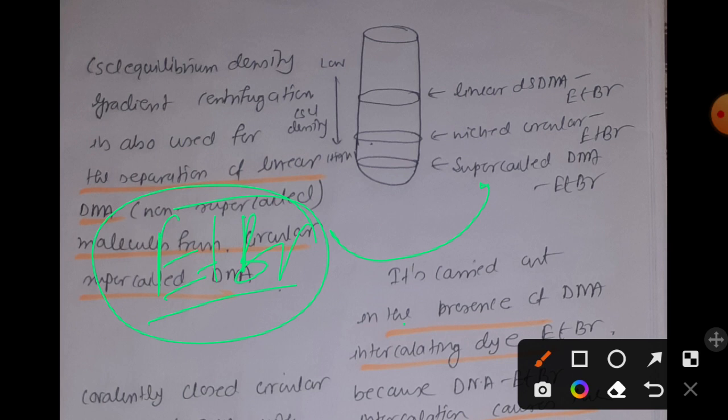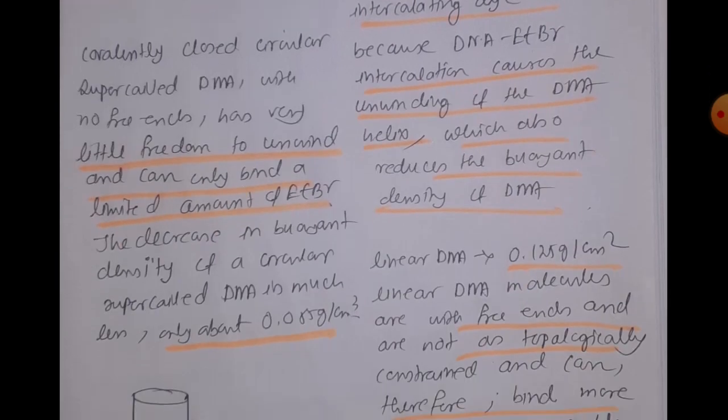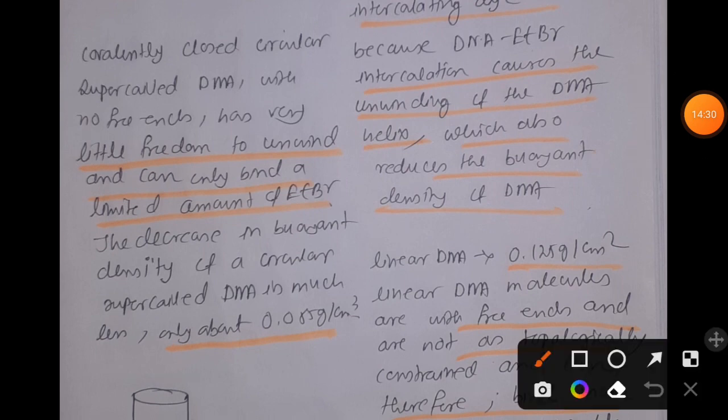Now in case of circular supercoiled DNA molecule, there is a very little chance for ETBr to bind, because a covalently closed circular supercoiled DNA molecule is closed from every end and has no free end. As a result, ETBr has very little freedom to unwind.